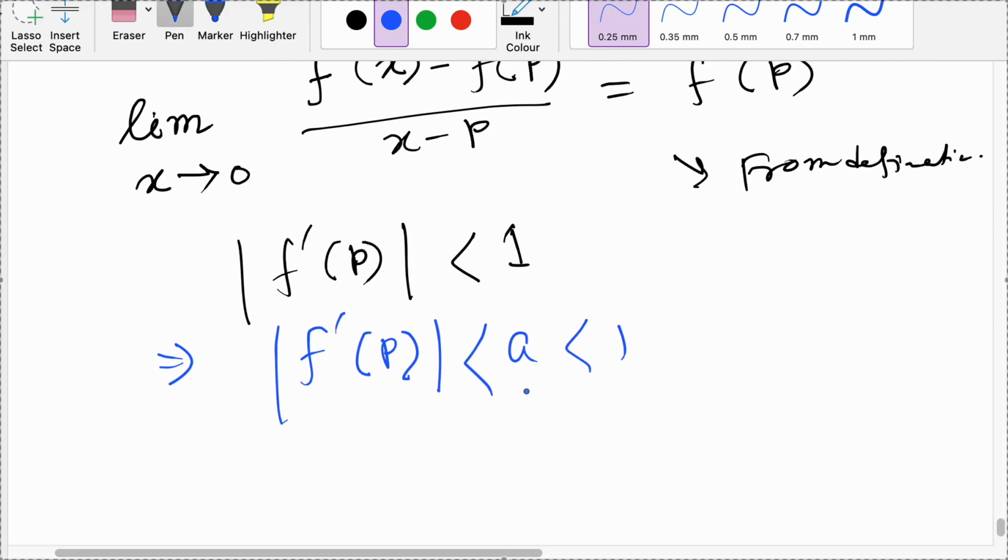So we can choose some a which follows this relation.